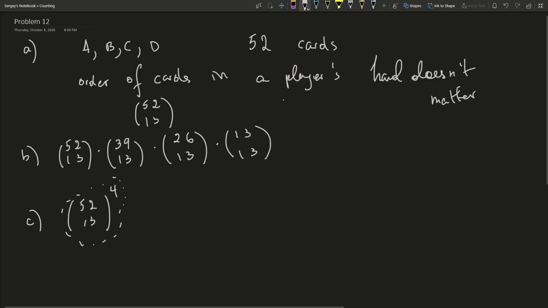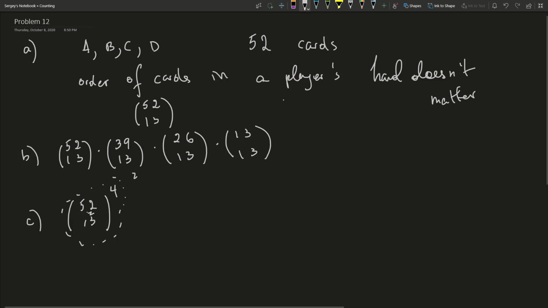That means when we're considering the cards for player B, there are 52 cards in our deck. And then when we consider the cards for player C, again there are 52 cards in our deck. And then for player D, again there are 52 cards in our deck.